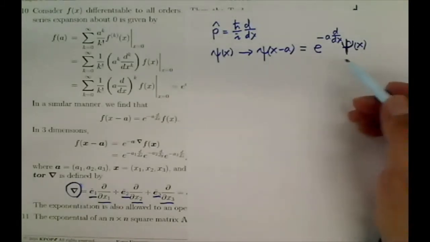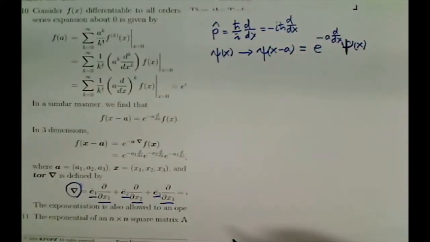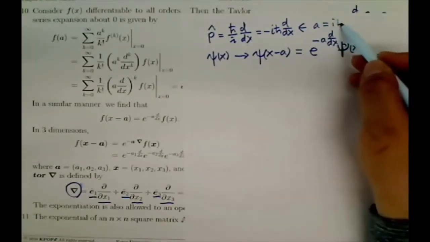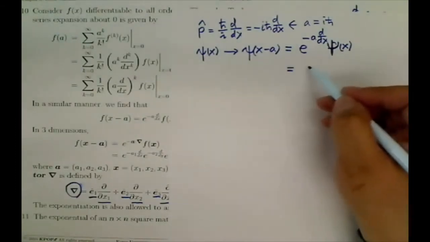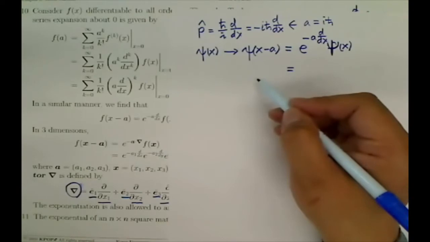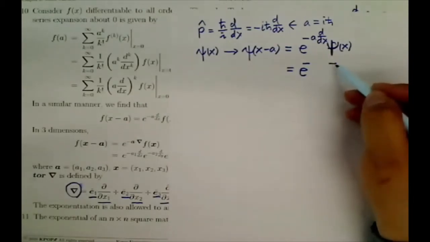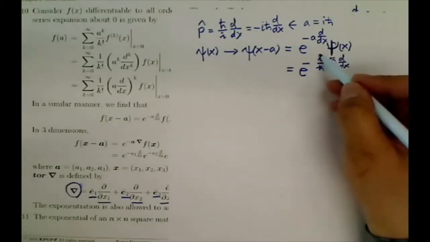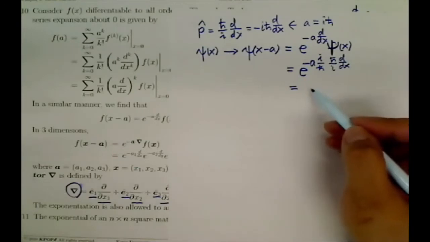Alright, so this is minus i h bar d/dx. So here we substitute a equals i h bar. Then our answer is correct. This is the same as this, and I can replace this with the momentum operator.